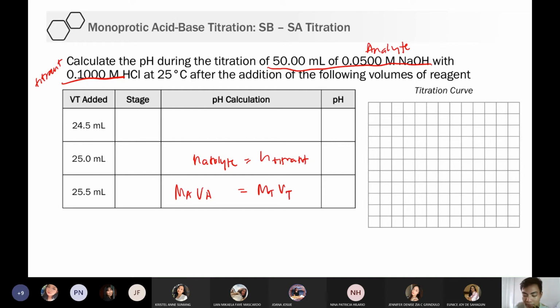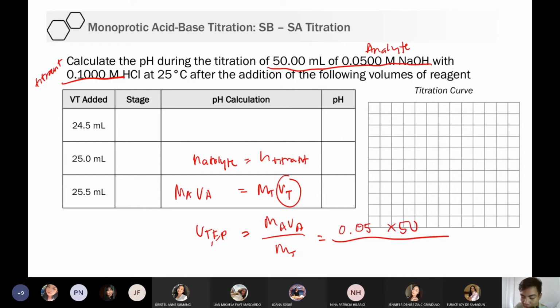Ang gusto natin, hanapin yung volume ng titrant at equivalence point. So that is MAVA divided by MT. Okay, plug in. Molarity analyte 0.05 times 50 ml divided by molarity titrant 0.1 molar acid. Plug in 0.05 times 50 divided by 0.1, 25. Okay, so we can say that this 25 ml is the equivalence point.